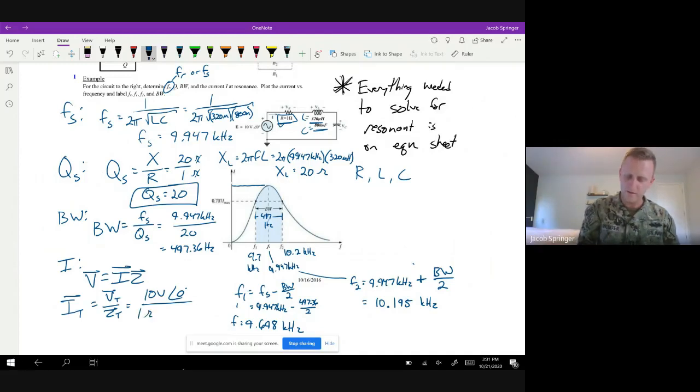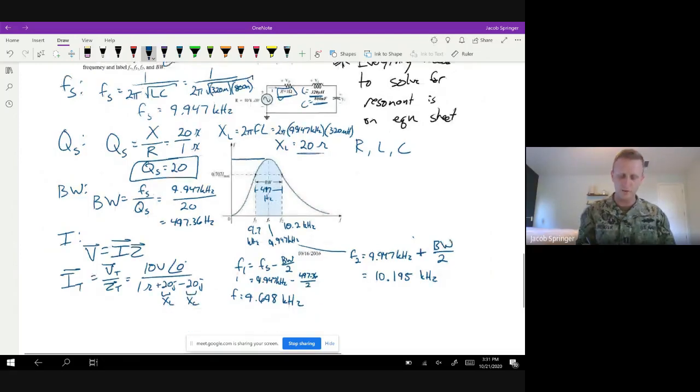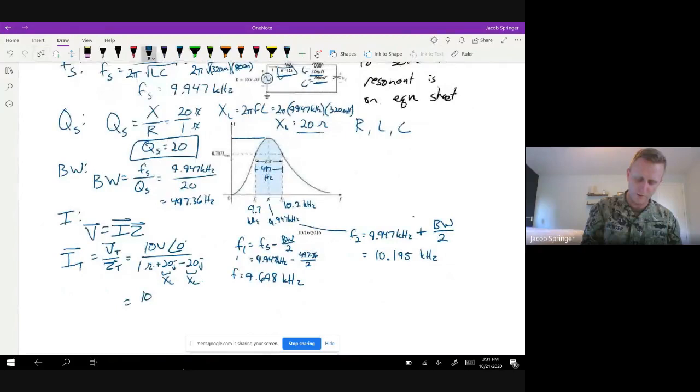And then if I said that this XL was 20 ohms, well, at the resonant frequency, I have plus 20j, but I also have minus 20j for the XC and the XL. Right here, XL, right here, XC. Those equal each other, so that makes sense that it would just be 10 angle 0 over 1 ohm. And what I get is 10 amps angle 0 degrees.